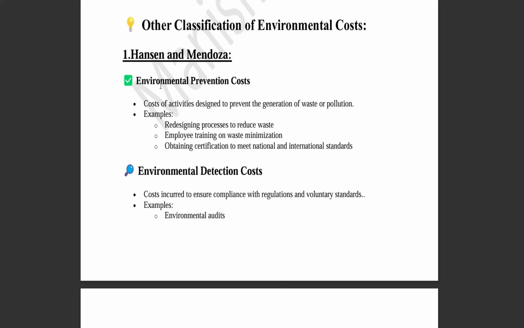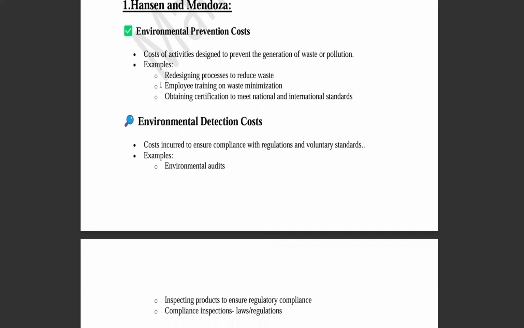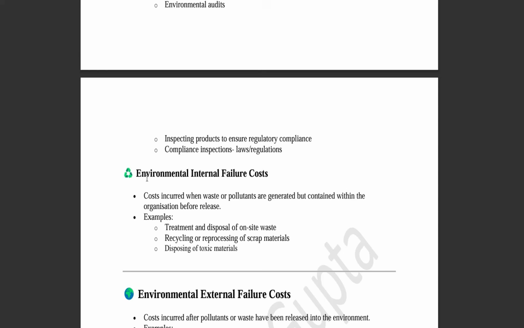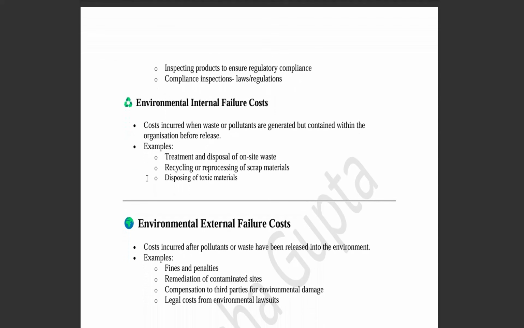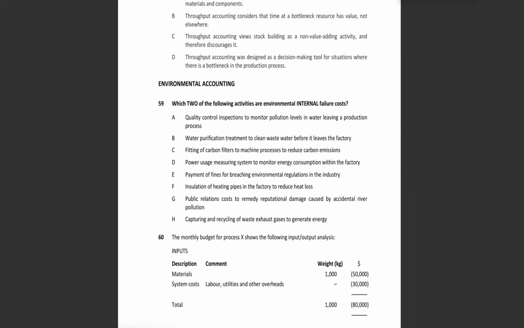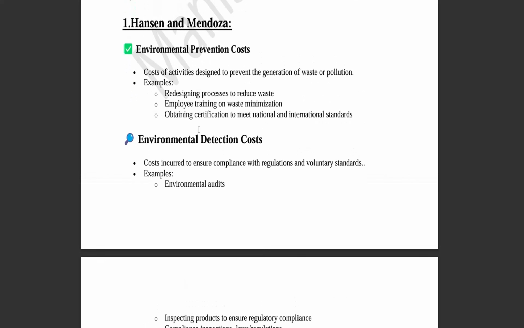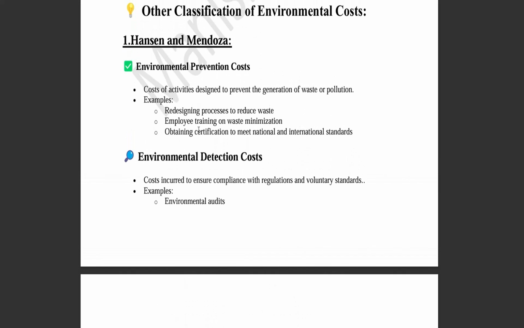The first one is environmental prevention cost, second environmental detection cost, then environmental internal failure cost, then environmental external failure cost. And the question is asking about environmental internal failure cost.